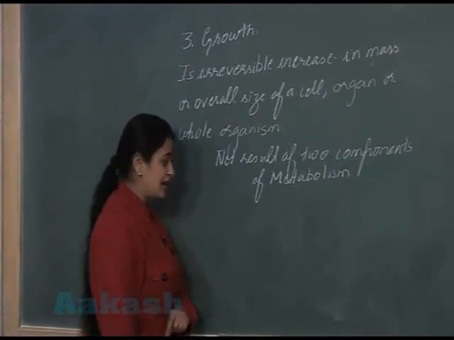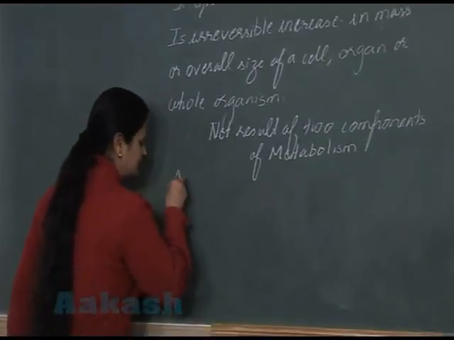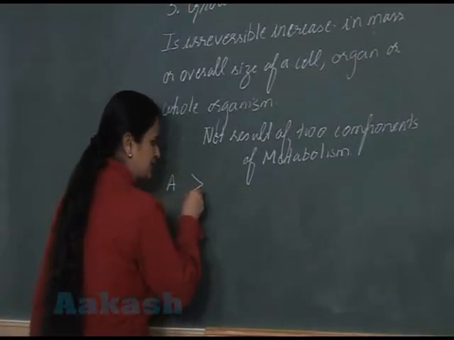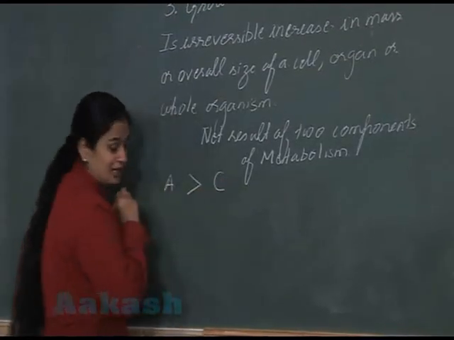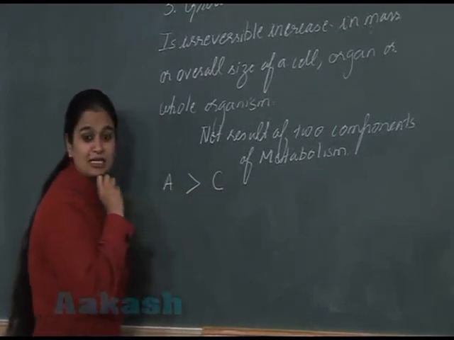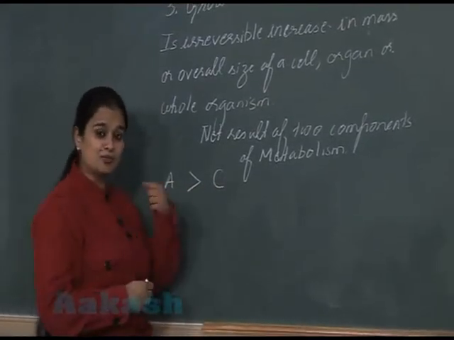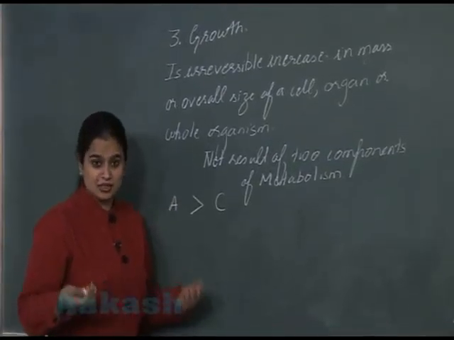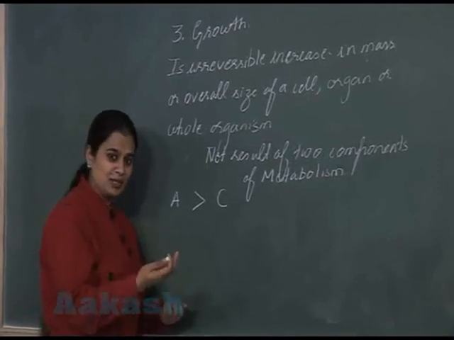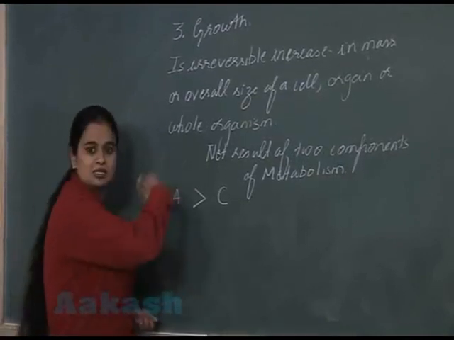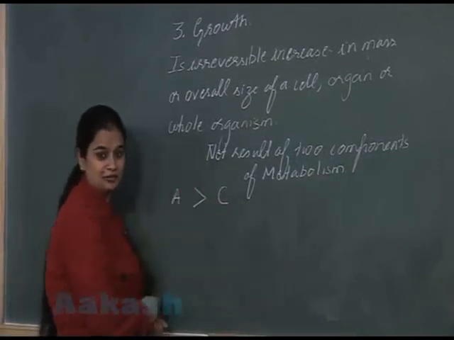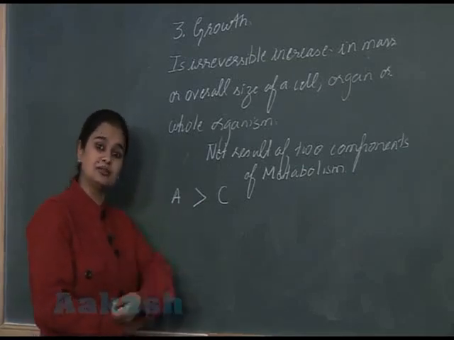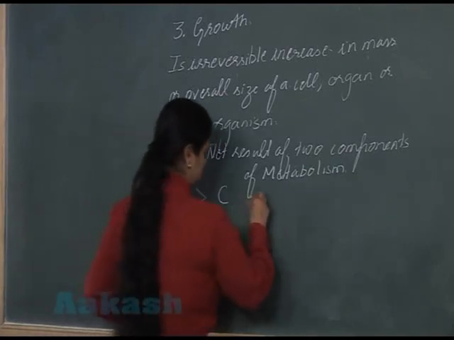If in the organism anabolism, which I am representing by A, is more than catabolism, which I am representing by C, it means synthesis is more than breakdown. Under such condition, growth will occur because synthesis is more.